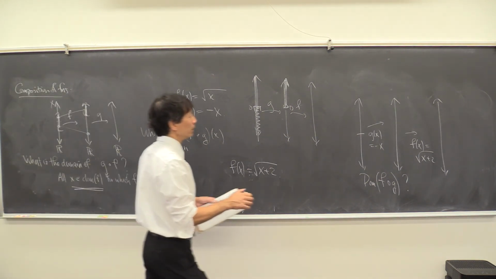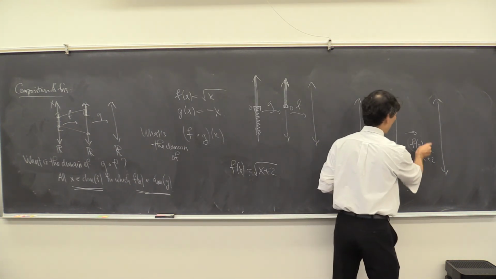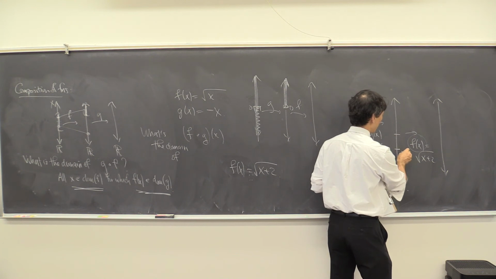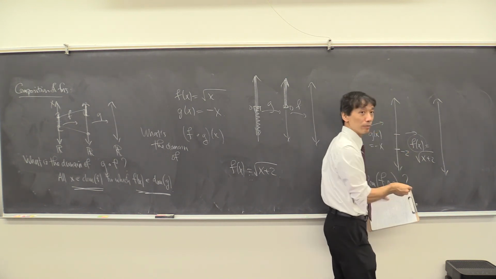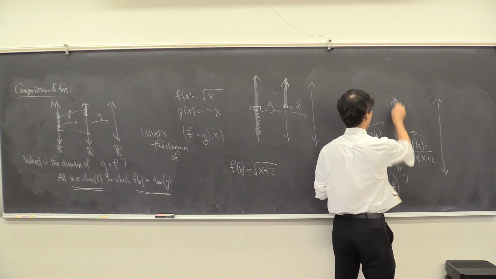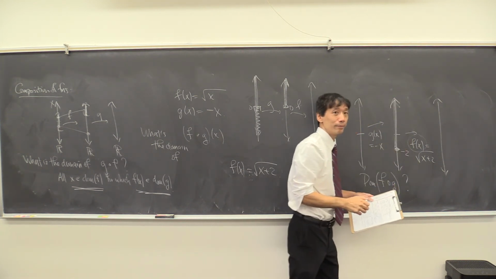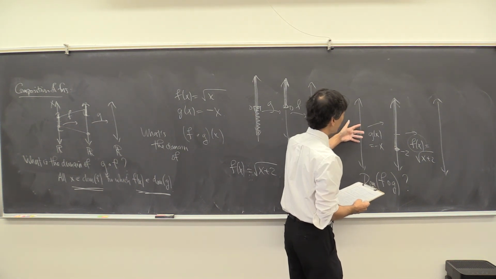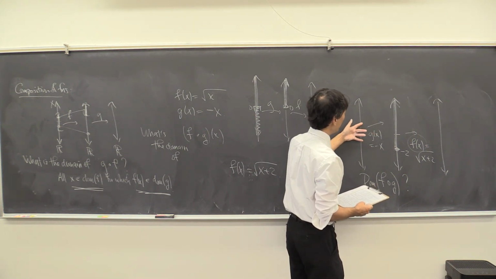I think that's right. So let's think. What's the domain of f? The domain of f is going to be from negative 2 upwards. So from here upwards like that. And then you say, okay, well, what is going to get mapped into that by g?